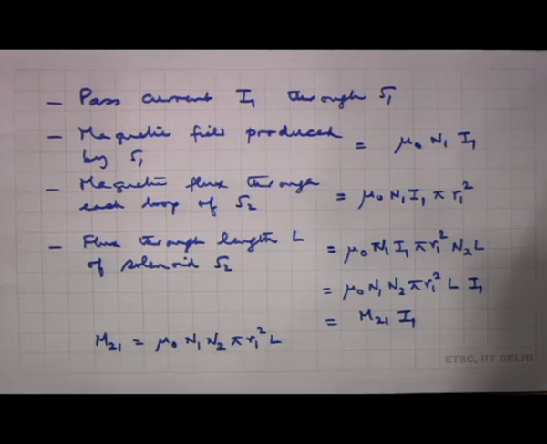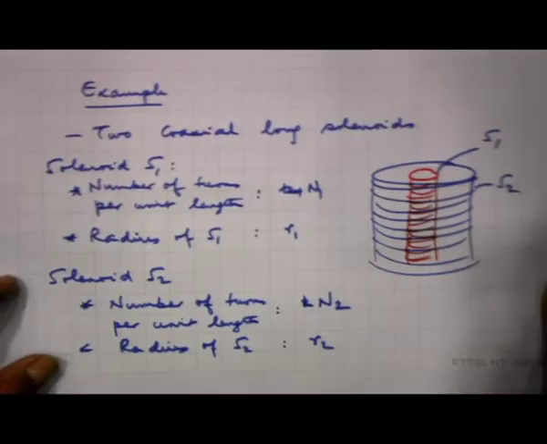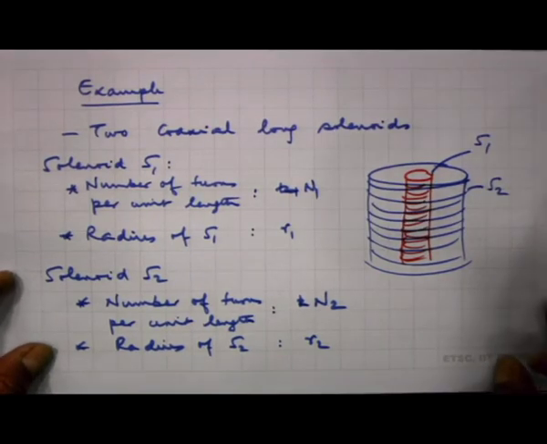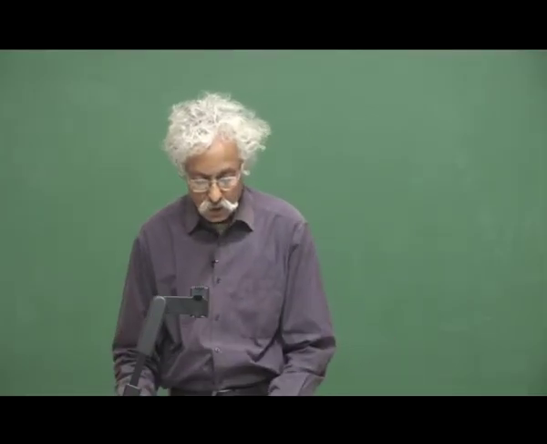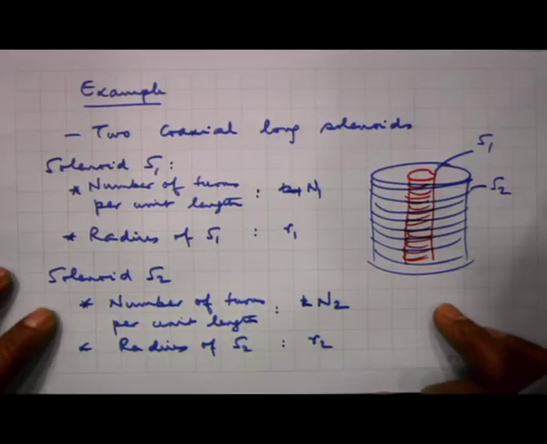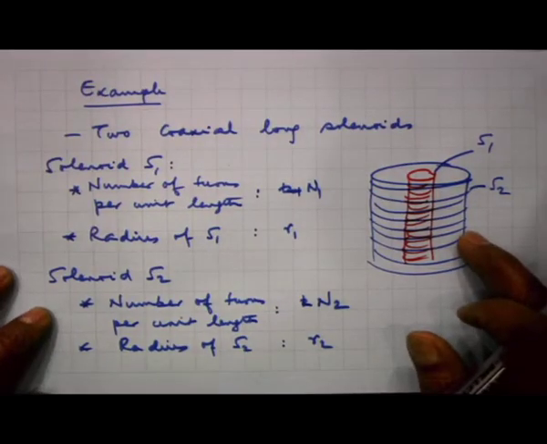Now, suppose I pass a current through the outer solenoid instead of the inner solenoid. So, I can also associate a flux enclosed by S1 because of a current in S2, and then I will get another mutual inductance.